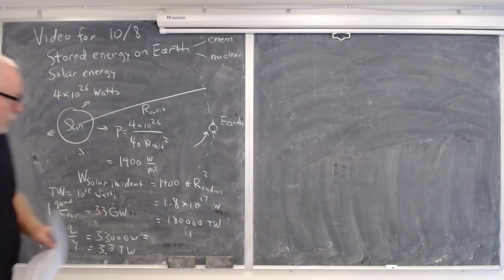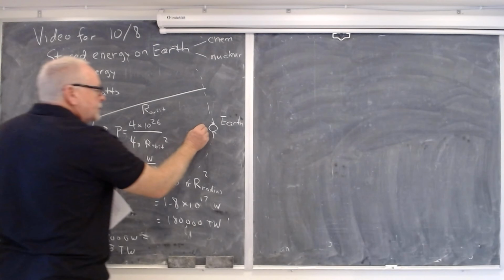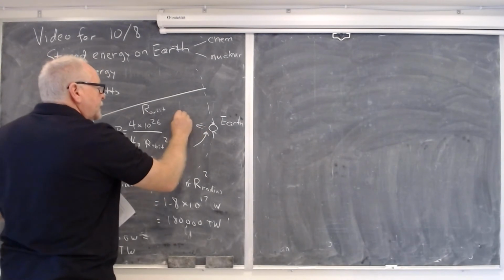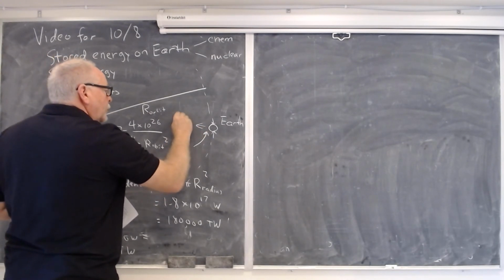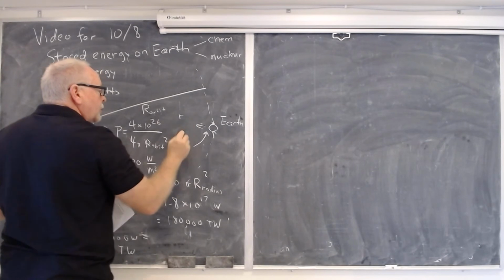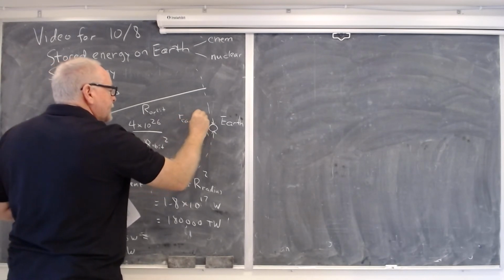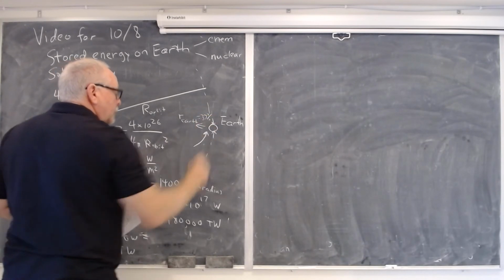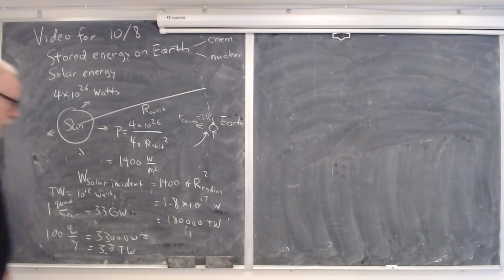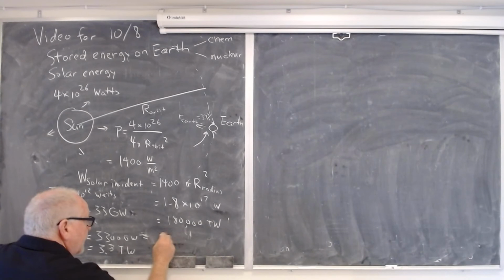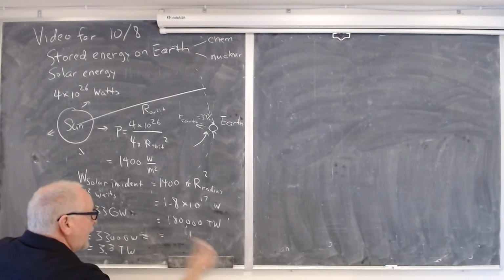Now, of that amount, some is reflected. The reflectance, I'll write little r, of the Earth is 37%. So what is kept by the Earth?